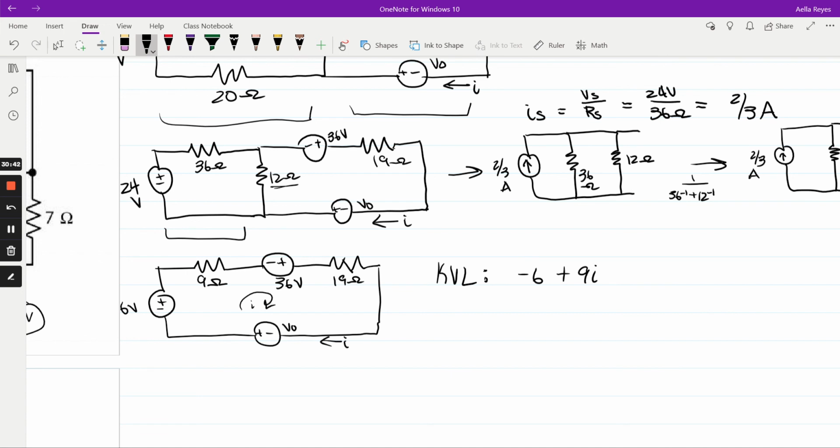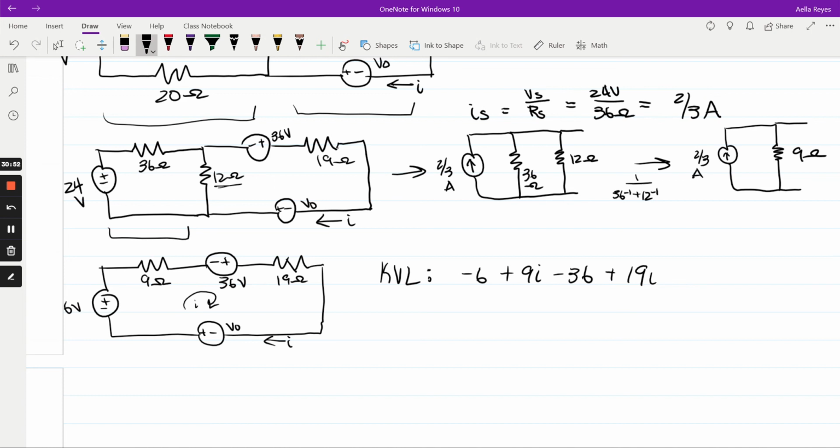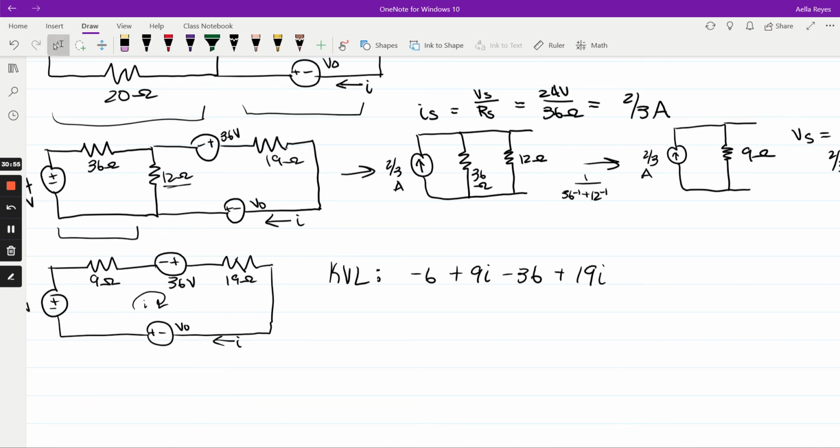So it's going to be 9I minus 36 plus 19I, minus VO equals 0. So this is going to be 19 plus 9 is 28I minus 42 equals VO. So we switch the VO to the other side.